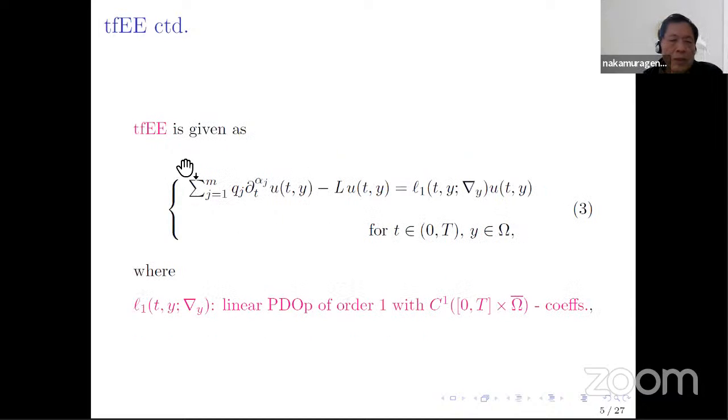Okay, so what is the TFEE? It is given as follows. There is the operator L here, and also there are the t derivatives, but the t derivatives here are of fractional order. And L_1 is just a linear partial differential operator of order 1 with C^1 coefficients.